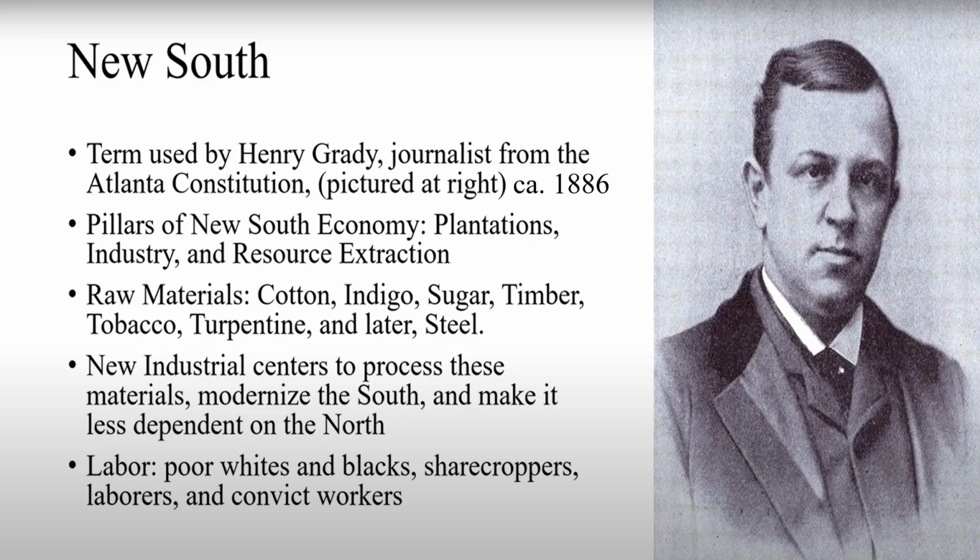So the pillars of the New South economy are plantation agriculture joined with heavy industry, factories, and resource extraction. The Old South, antebellum South economy was very agrarian, based around plantations, but also some smaller farms. There's still going to be agrarianism, there's still going to be farming, but the American economy is changing, including the Southern economy.